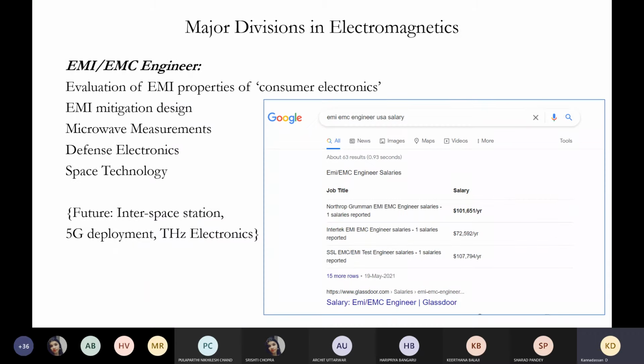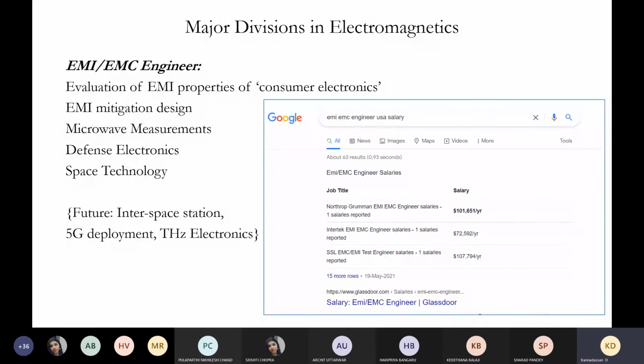Another very important one is the EMI/EMC engineer. These engineers will evaluate consumer electronics for radiation, and every system is supposed to be certified for EMI compliance.